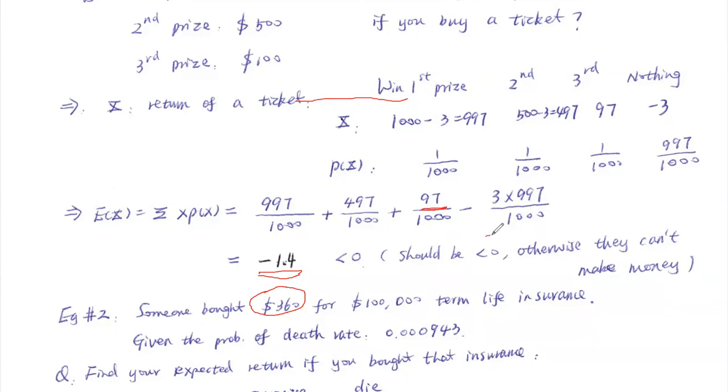Somehow, if this one is negative 2.9, probably 2.99 something, 2.991, and this one is positive point 097. Is that close to 0.1?